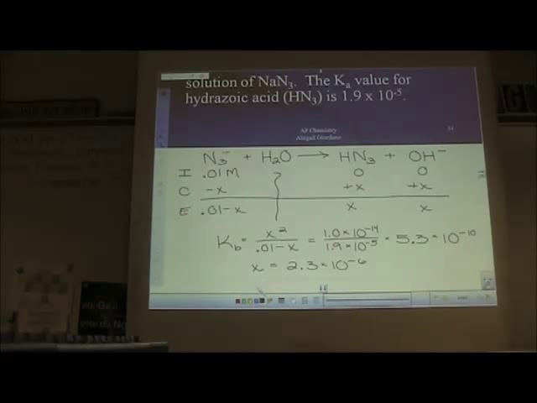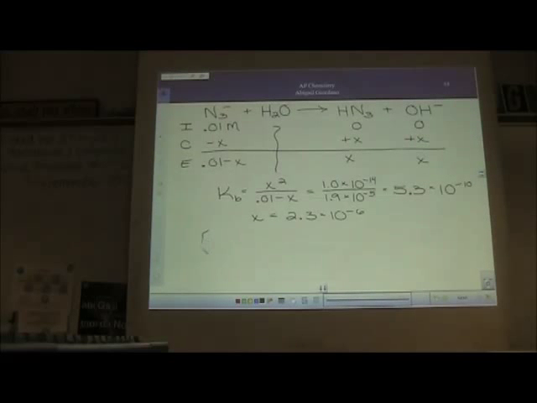Okay. Now, the question said, what is the concentration of all remaining species? That means anything left at the end. How do I find it for the azide ion? Yeah, plug x back in. And actually, when you end up rounding for significant figures, it's going to end up being the same molarity.